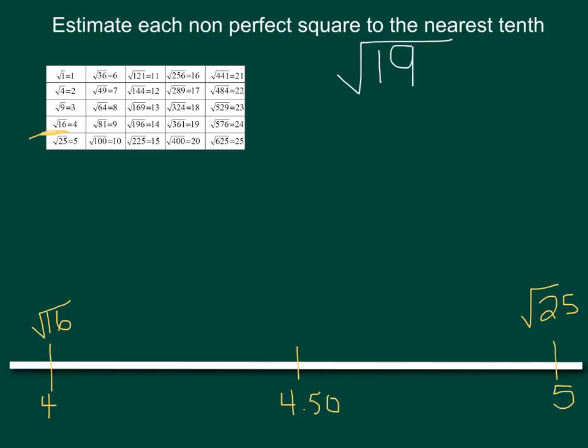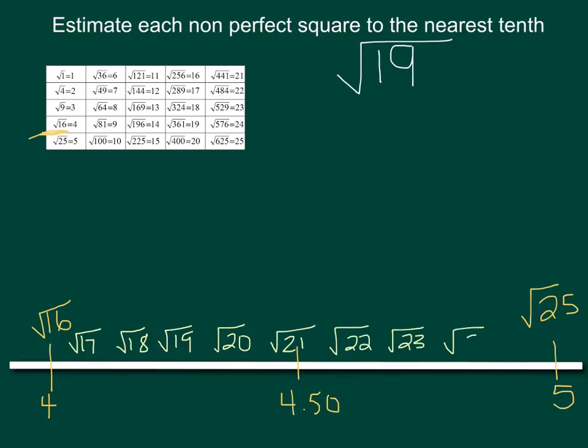We need to list out all of our square roots that come between. So after 16, it would be 17, 18, 19, 20, 21, 22, 23, and 24. Now we need to count how many square roots are between 16 and 25.